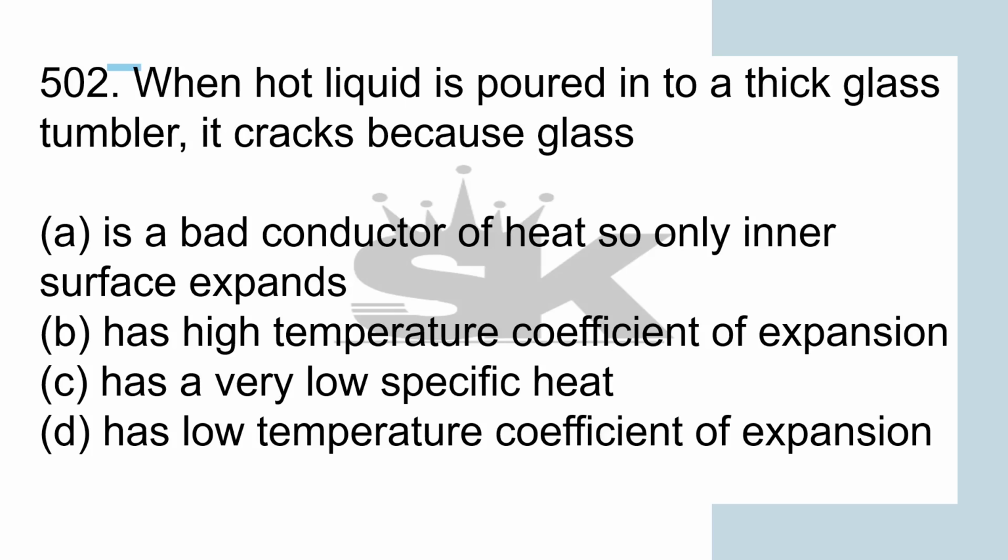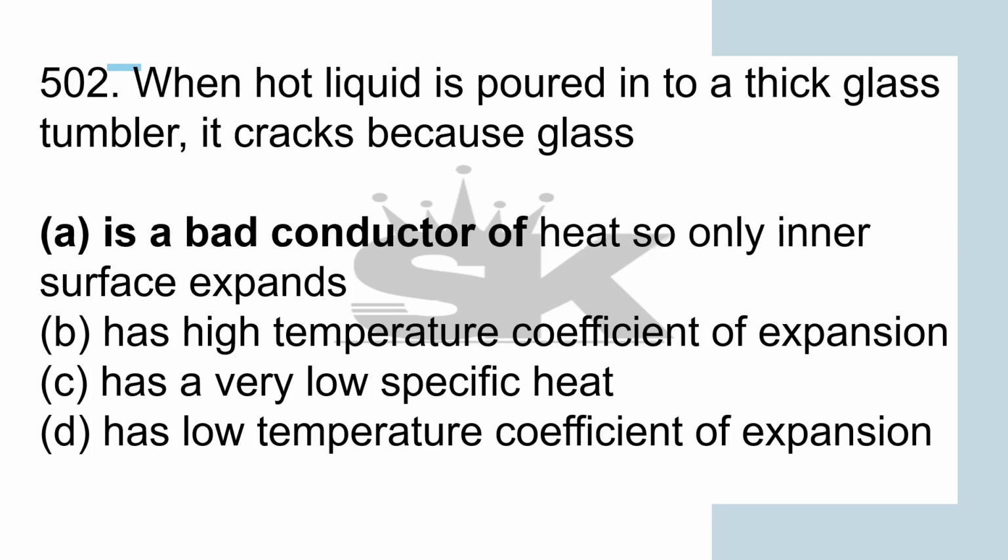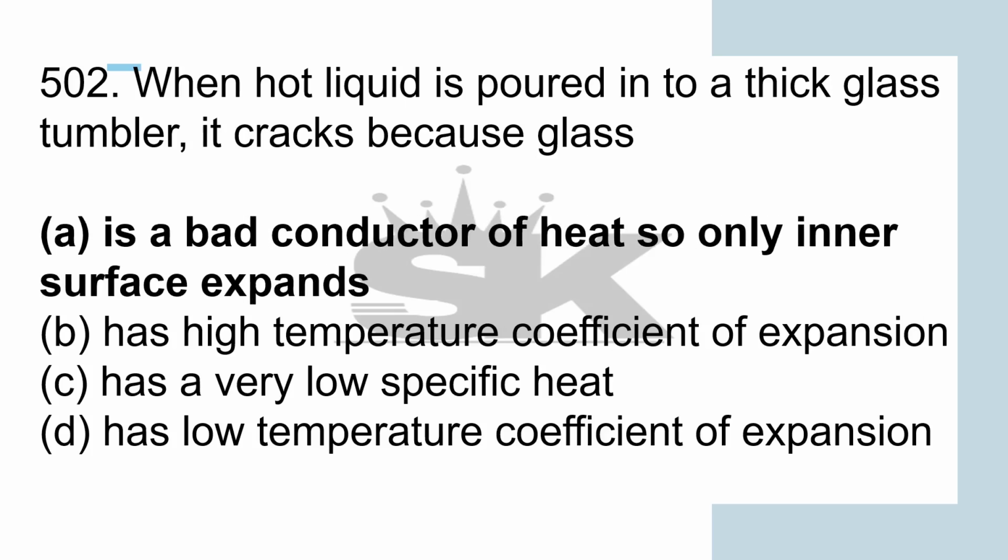While the outer layer still remains cold and does not expand, because glass is a poor conductor and does not carry heat. So that's why the answer is glass is a bad conductor of heat. So only the inner surface expands.